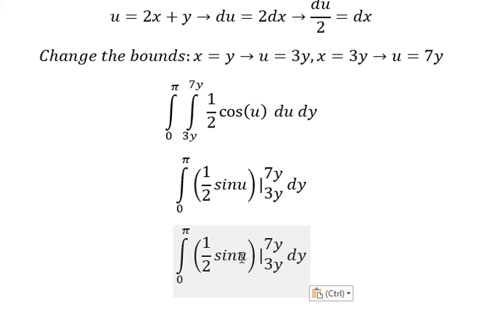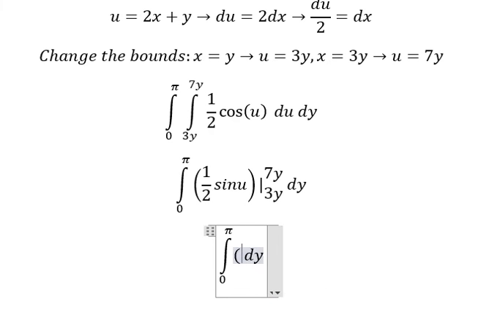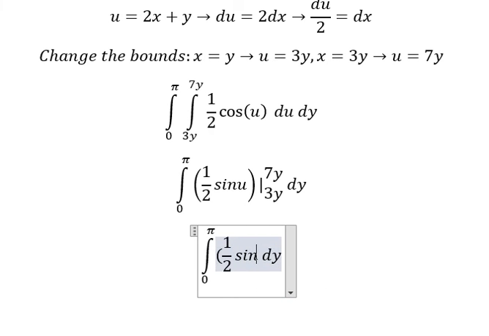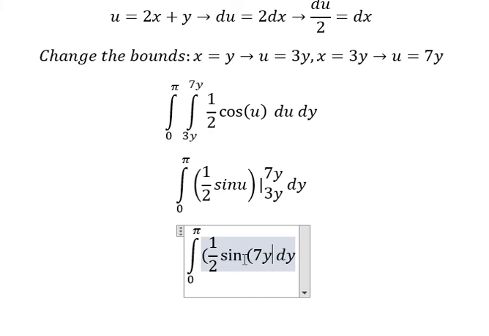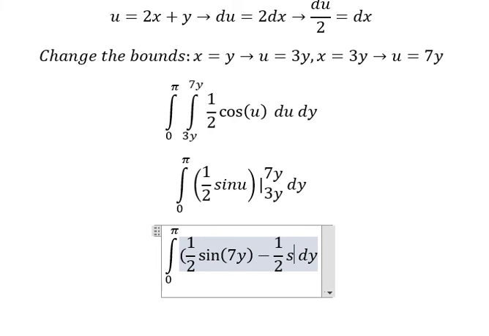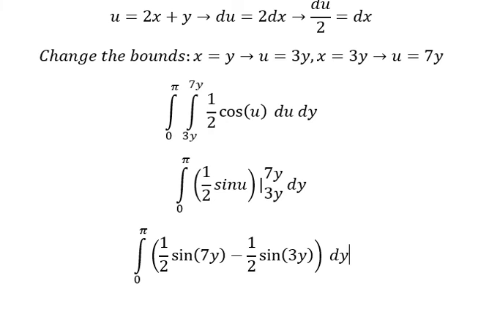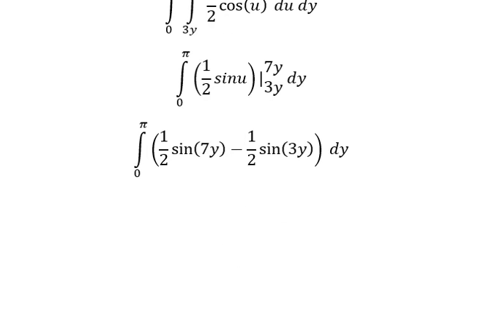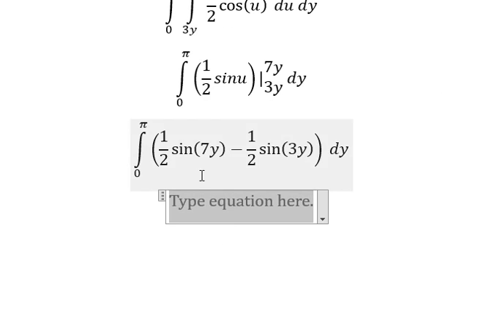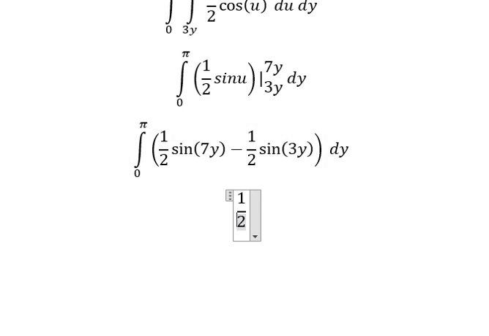So this one I will put in here, and this one we put in here. So the integration of sine, that is negative 1 over 7 cosine of 7y.